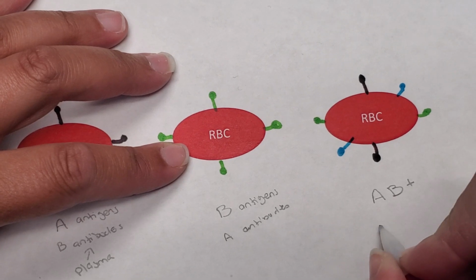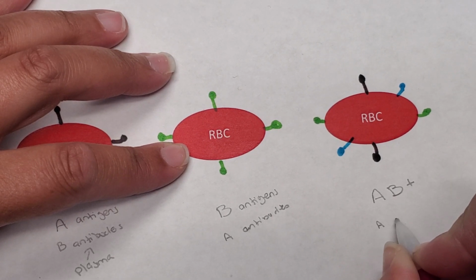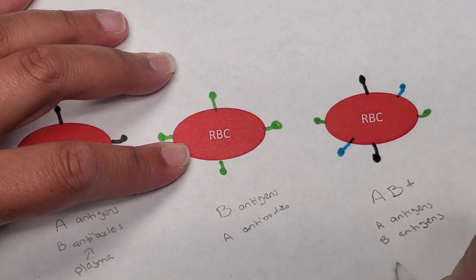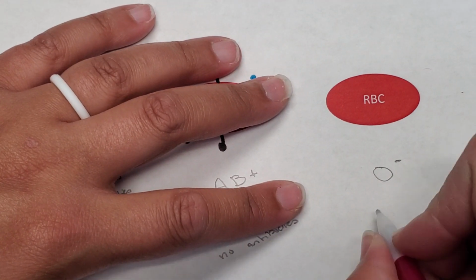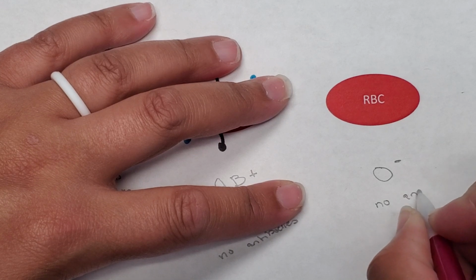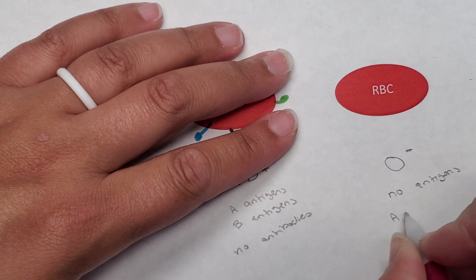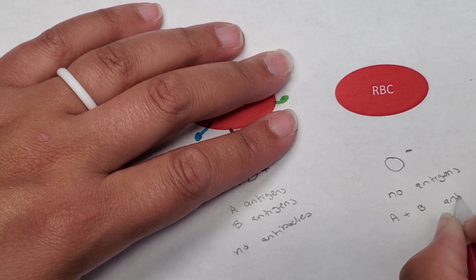Type AB blood has A antigens, it has B antigens, and it has no antibodies. Blood type O, once again, has no antigens, and the antibodies that it has are both A and B antibodies.